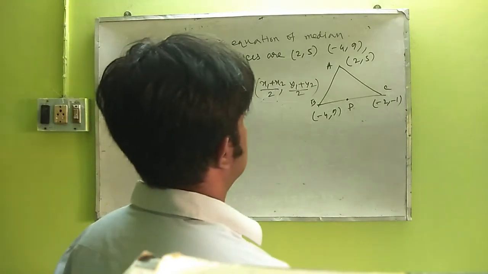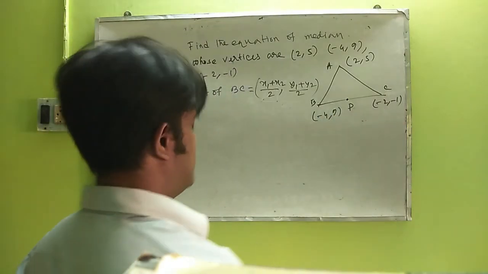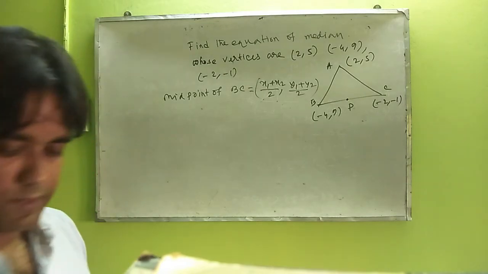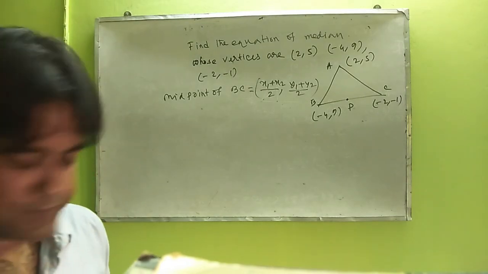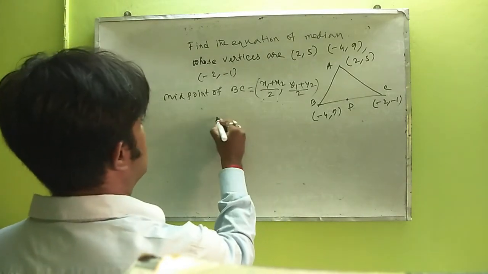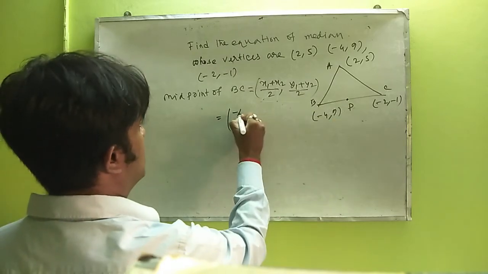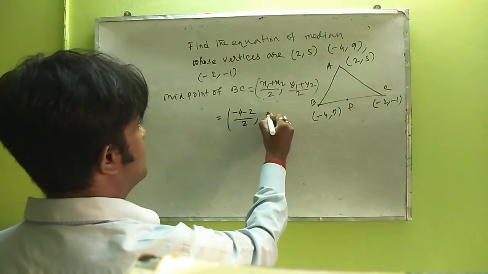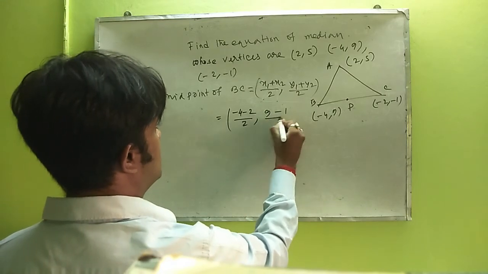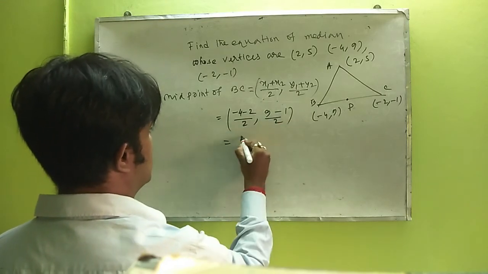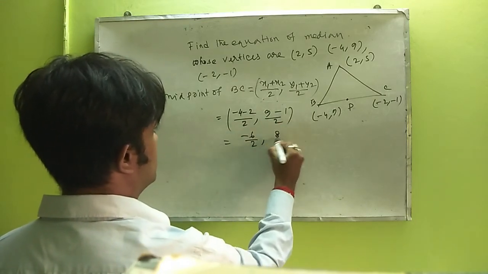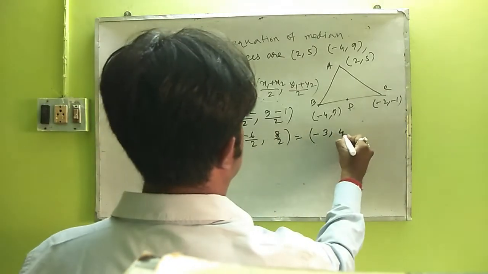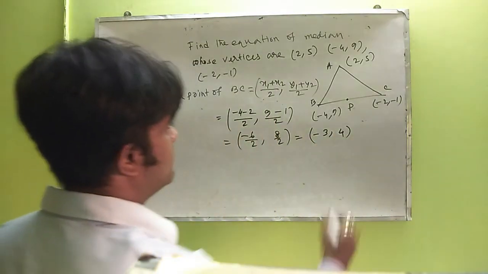So here this is x1 y1 and this is x2 y2. So minus 4 minus 2 by 2, 9 minus 1 by 2, that is minus 6 by 2, 8 by 2, minus 3, 4. So we find AP.